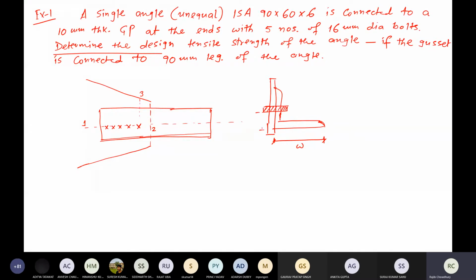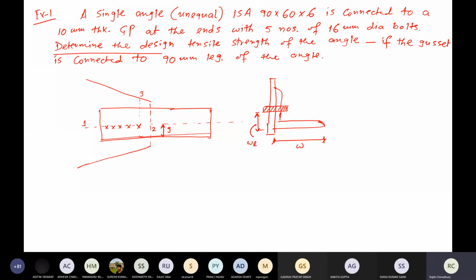From the base of the angle, this would be my gauge, one of the gauge distances where it has been connected. Let's say it is represented as WL, and this would be the gauge over here.